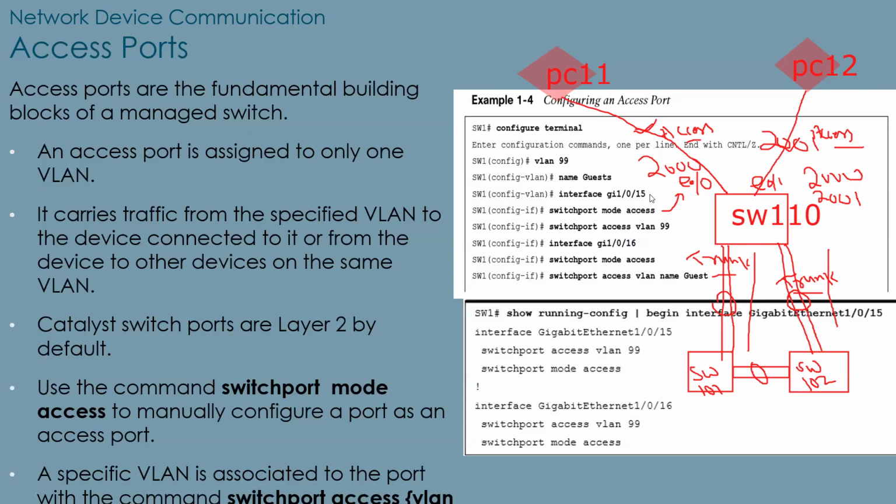So what are the things we want to do? I want to create a VLAN, then we'll verify the VLAN. Then we'll go to the interfaces and over the interfaces, we'll assign the VLANs like that.